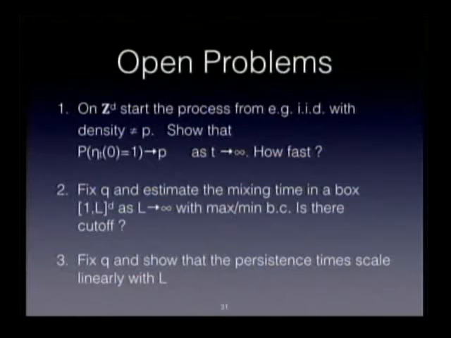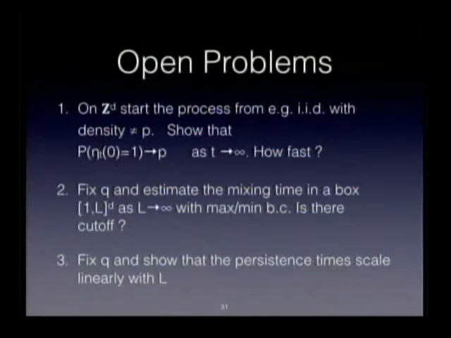Okay, open problems. So there is a list of open problems that really need to be solved, and in a sense, all these problems are tied one with the other. So if one understands how to solve, say, number 1, most likely there are good ideas to solve 2, 3, and 4.